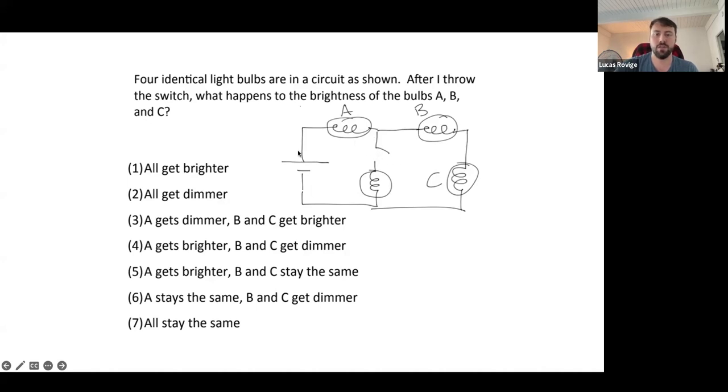And so when it's open, the current is just flowing like that. But then we're closing that, and then we have those two loops. So what's happening to the brightness of bulbs A, B, and C when we close the circuit?